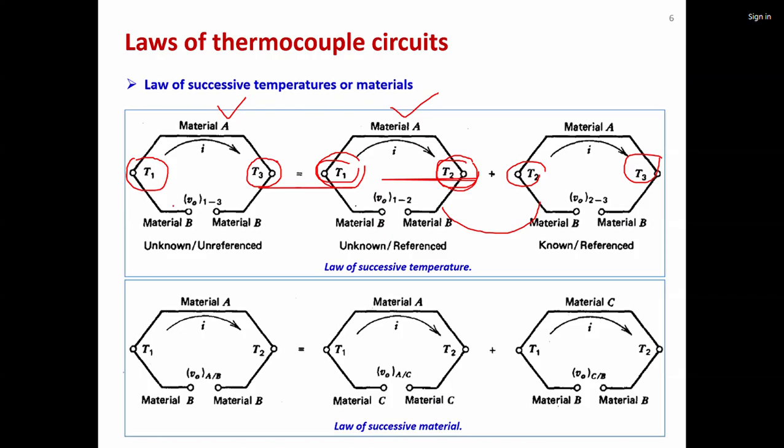You say that the output when the hot junction is at the hot junction temperature and the cold junction is at ice point will be equal to the output with the hot junction temperature and the cold junction at 25 degrees centigrade, plus the output of the next circuit where the hot junction is at 25 degrees centigrade and the cold junction is at 0 degrees centigrade, right? So you can use the law of successive temperatures.